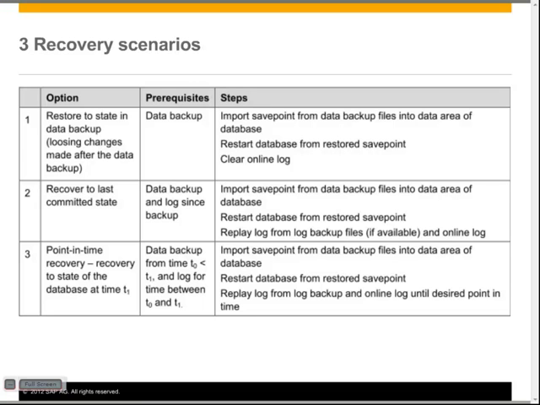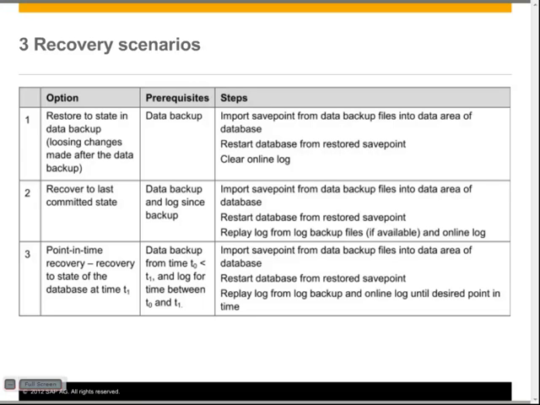We'll look at the different recovery scenarios here. To restore to the state in the data backup, which means discarding changes made after the data backup, we would, as a prerequisite, obviously need a data backup. What we would do is import the save point from the data backup file into the data area of the database, restart the database from the restored save point and clear the log.